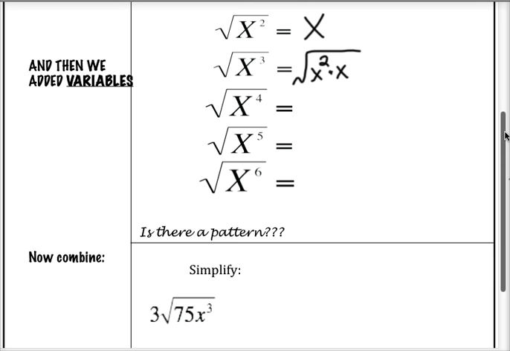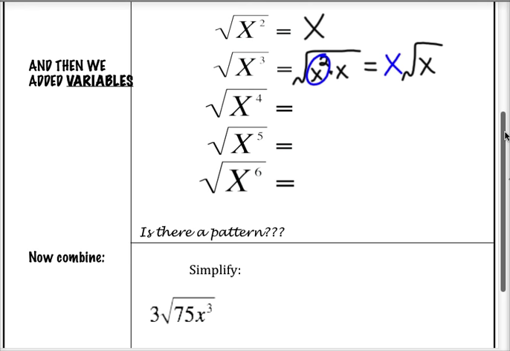And then that x squared piece can come outside of the radical as an x. But then the square root of x can't do anything. So you can pull out that x squared piece. However, the other x actually has to stay.